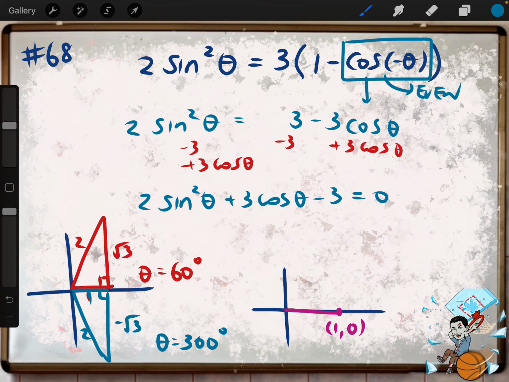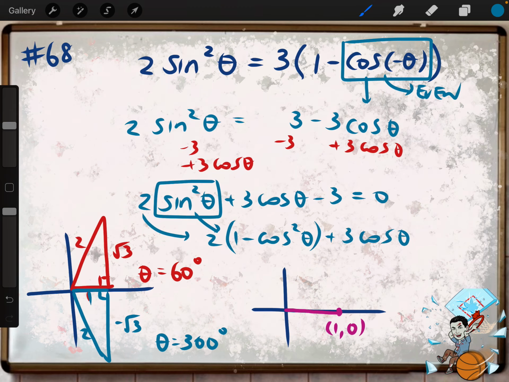So that's a little crazy right there. You can see that we got sine and we got cosine there. So let's bring back one of the Pythagorean identities. We know that sine squared theta you can rewrite as 1 minus cosine squared theta. So if I rewrite that, I'm going to put parentheses and the 2 right here, plus 3 cosine theta minus 3 equals 0.